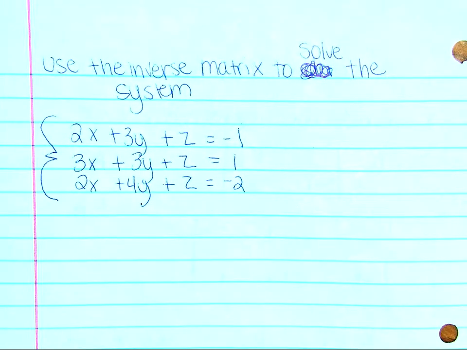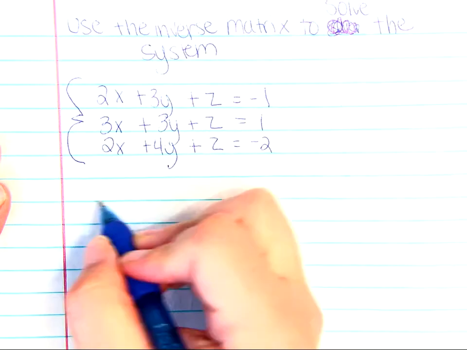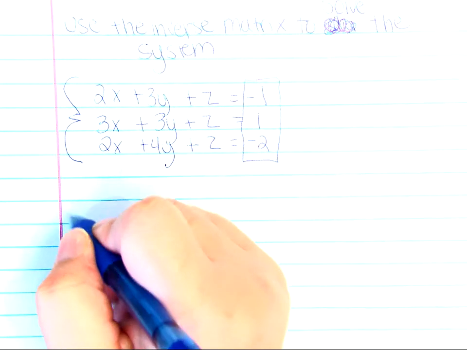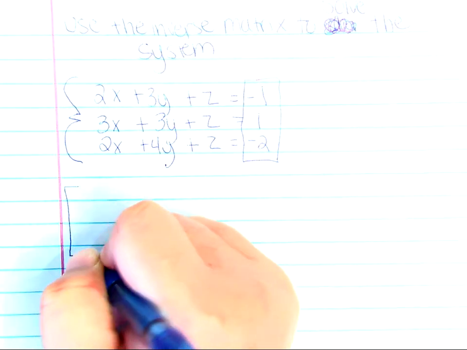Here's our system. Now, the difference here when I'm setting up my matrix is that I am not going to include my answers this time. So here's my matrix that represents this system.